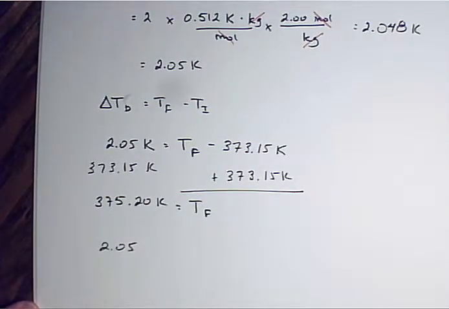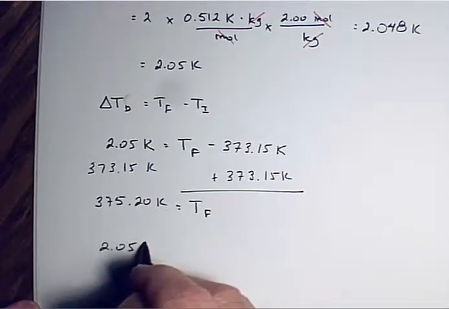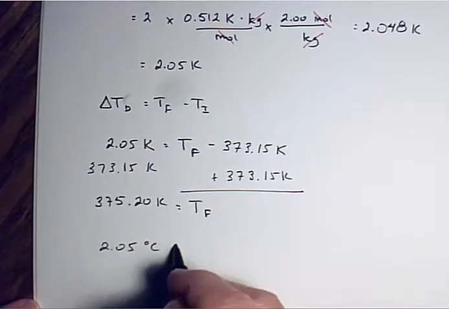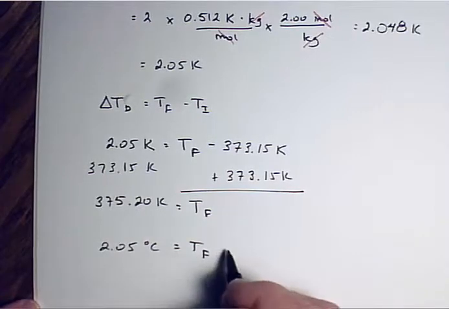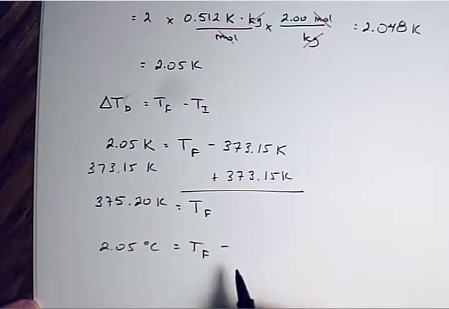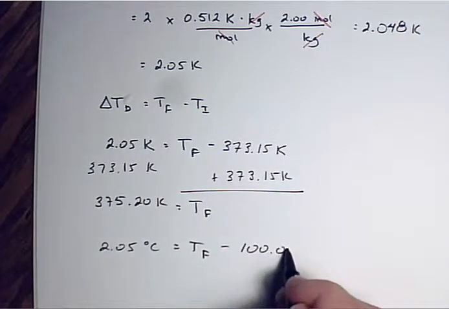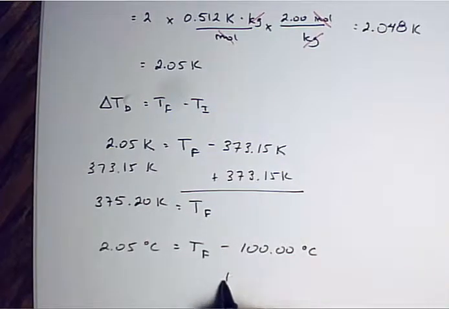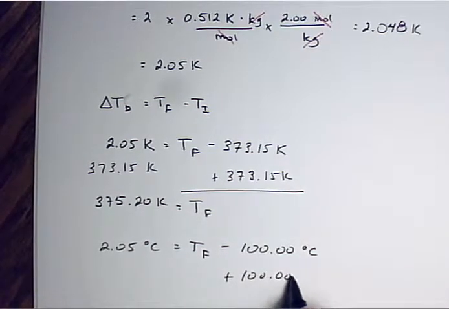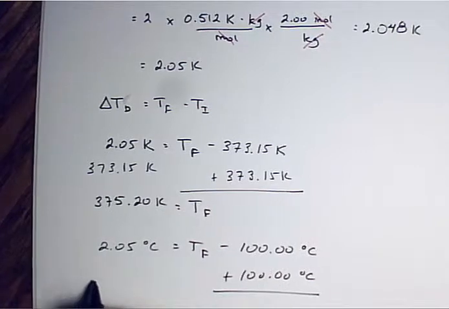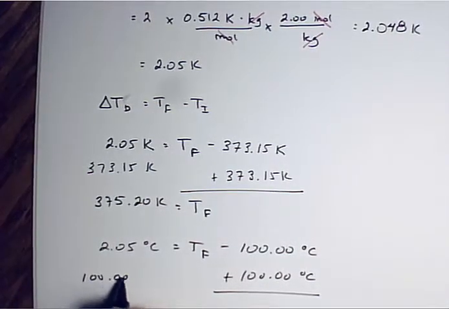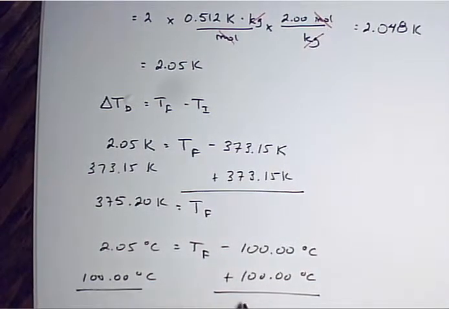How many degrees C is that supposed to be, the change in temperature? Same. Degrees C equals temperature final minus, and what is the boiling temperature of pure water on the Celsius scale? 100 degrees C. Add 100 degrees C to both sides. 102.05 Celsius.